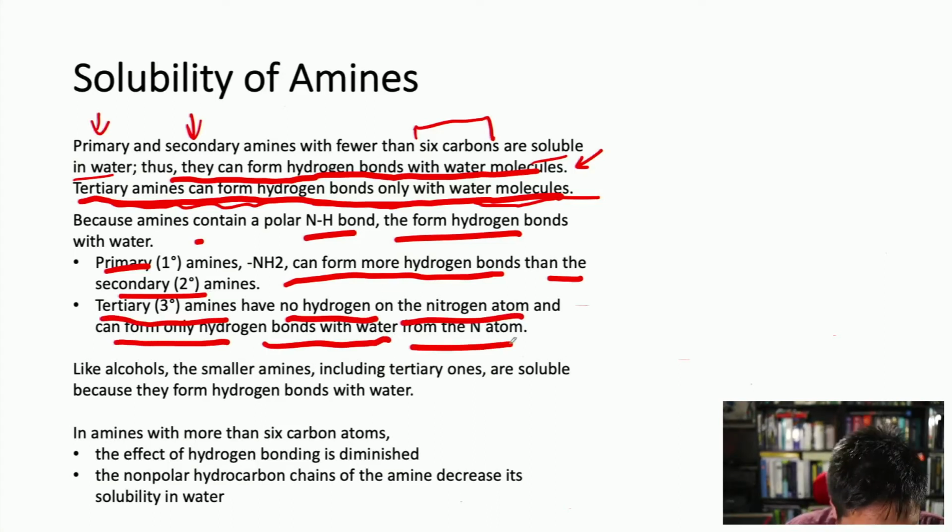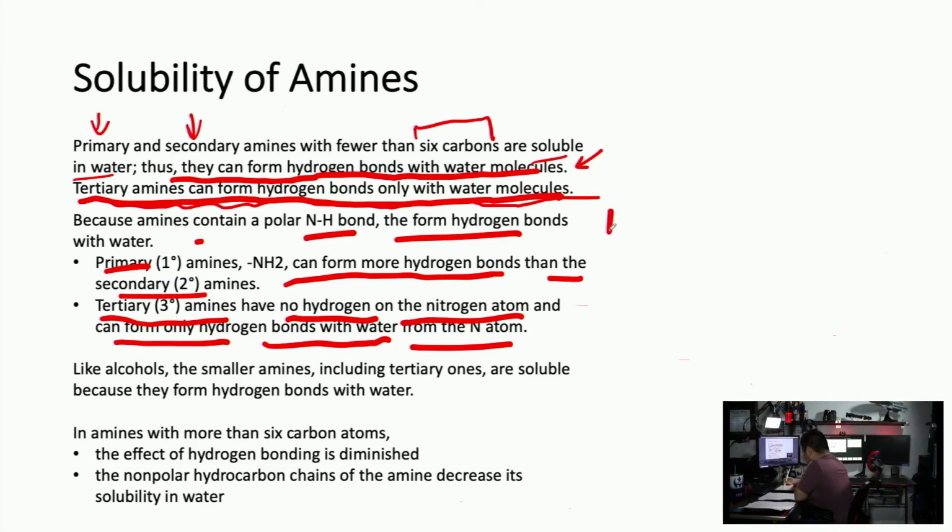That's the reason why a tertiary amine can only form with water, because the only thing it has to form with is its nitrogen. When you're doing hydrogen bonding, you have nitrogen, hydrogen, like that, and then hydrogen bond with water. And you could also go the other way.